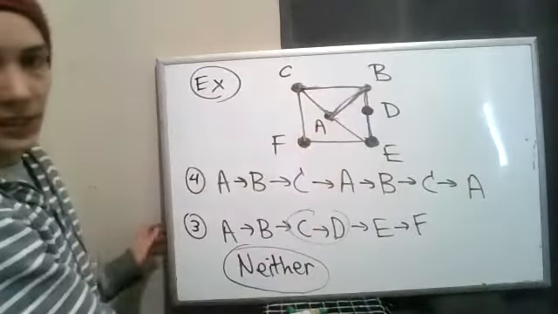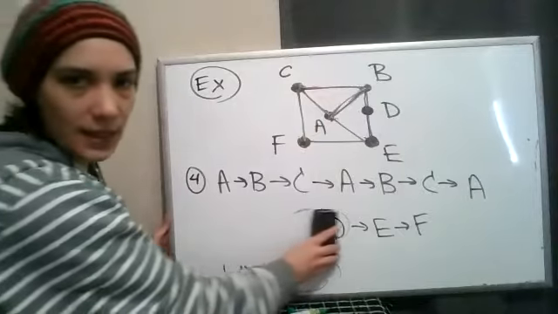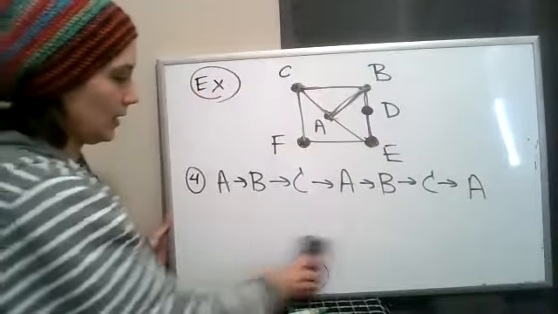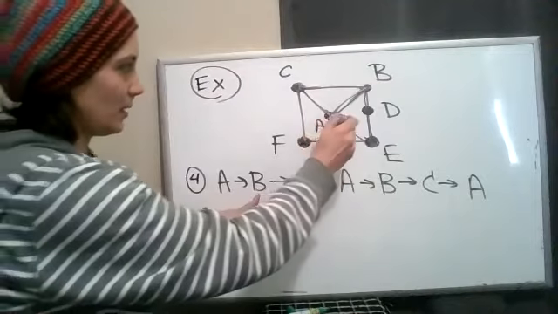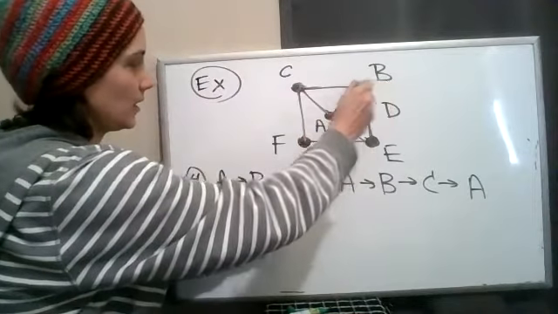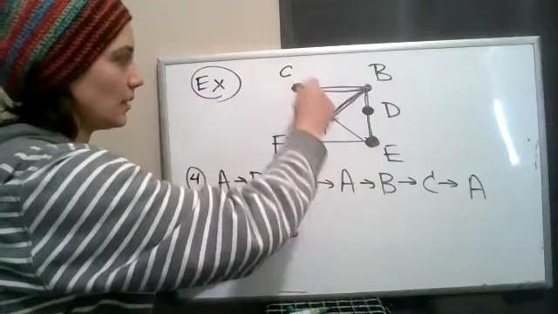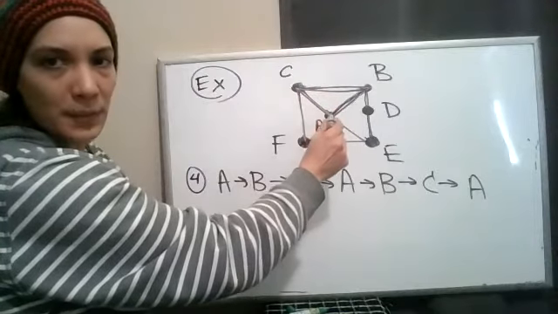Oh, sorry, wrong one. We just did this and it was not a walk. This one, A. Over to B. Cool. B to C. C to A. So we've made that little triangle at the top.